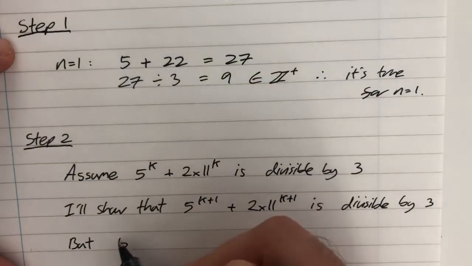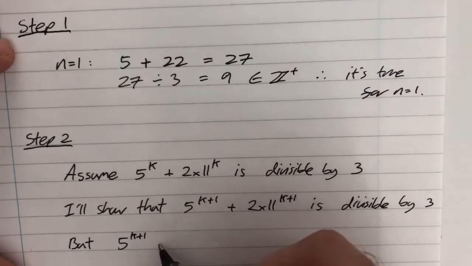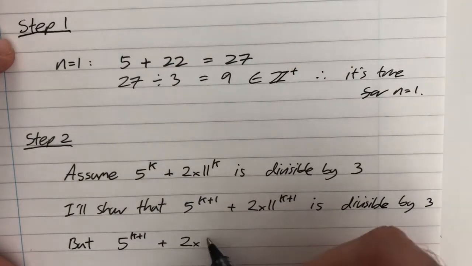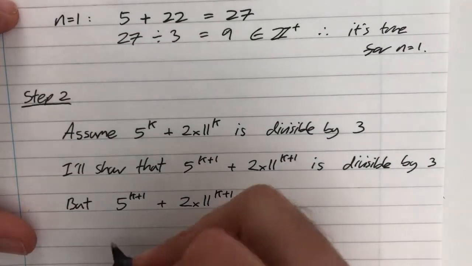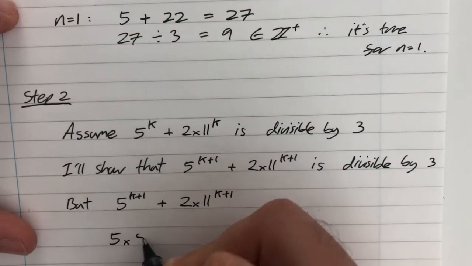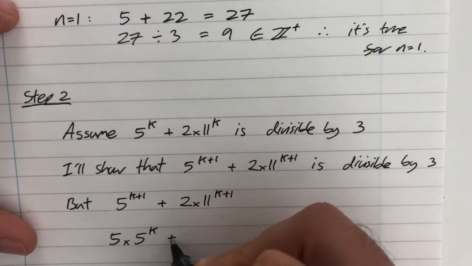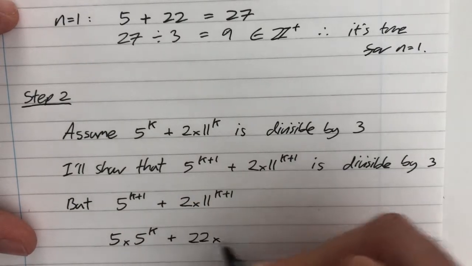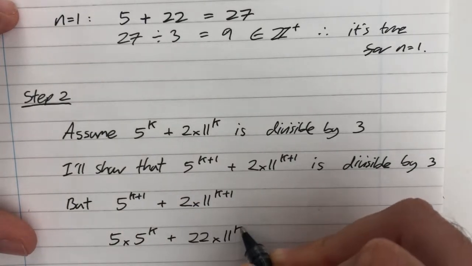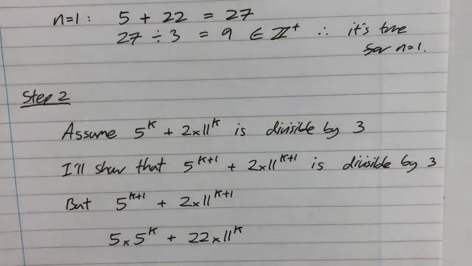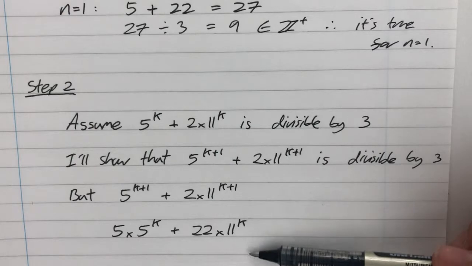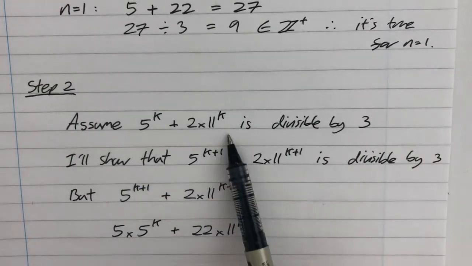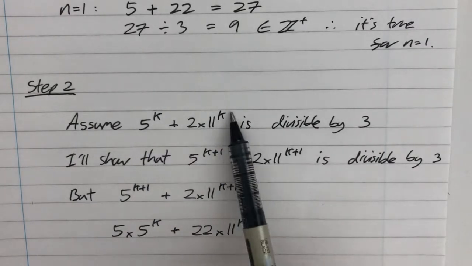But 5 to the k plus 1 plus 2 times 11 to the k plus 1 can be written as 5 times 5 to the k plus 22 times 11 to the k. Okay, now what I'm trying to do is work through some algebra to get this in a form so that I can use my assumption.